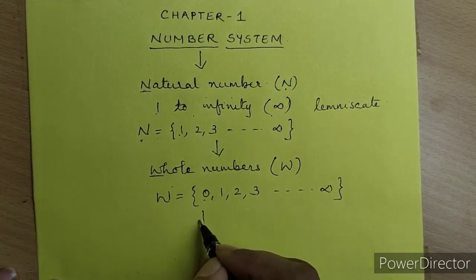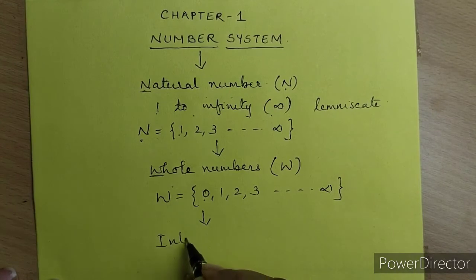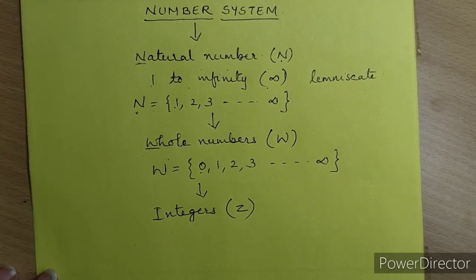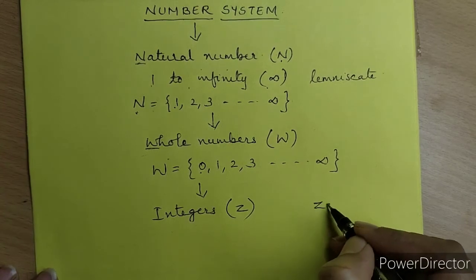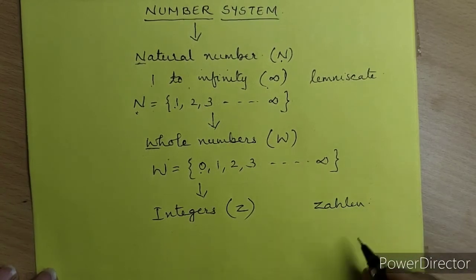Next comes integers. Integers are represented by capital letter Z, which has come from the German word Zahlen, meaning to count.